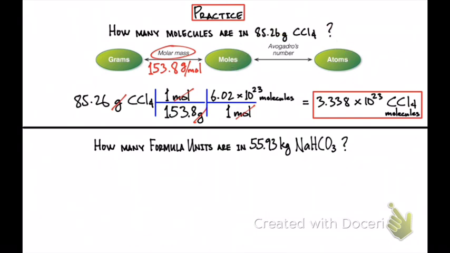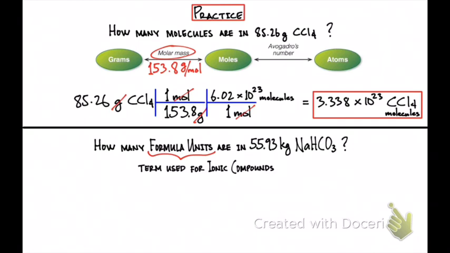Notice that in this example, you're given mass in kilograms. So before you can convert from mass to moles, you have to convert kilograms to grams first. The reason is that the molar mass is in grams per mole and not kilograms per mole, so you want the units to match up before plugging into the dimensional analysis.